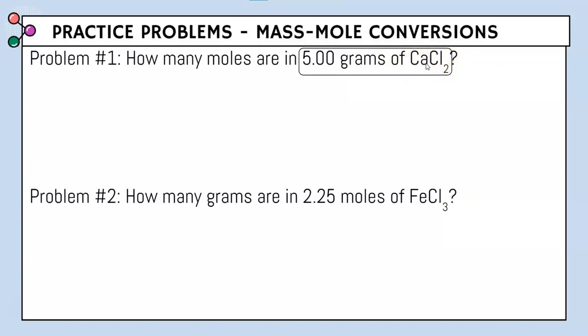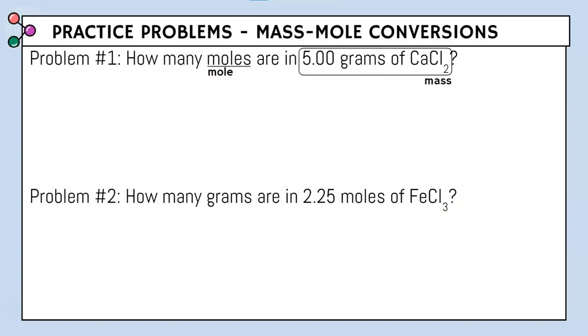Then we're going to underline what we're trying to solve for, which is moles. Since we're starting with grams, we know grams is mass, so on that island map we're starting on the mass island. And then we underline moles, so we're ending at mole. So we're going from mass to mole, which we'll see in a minute.